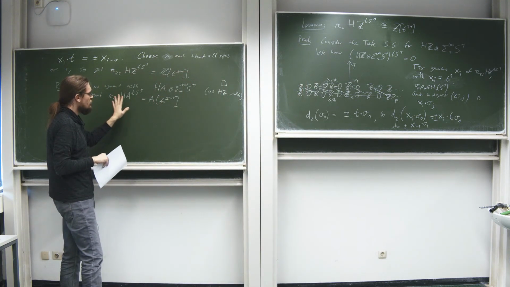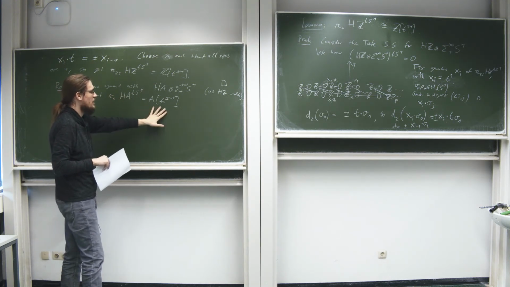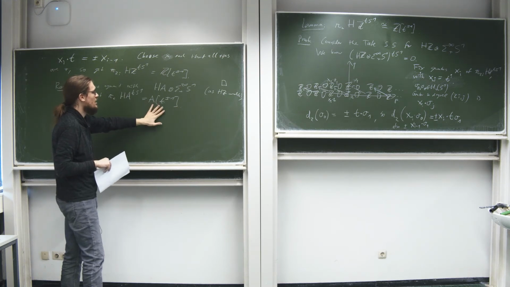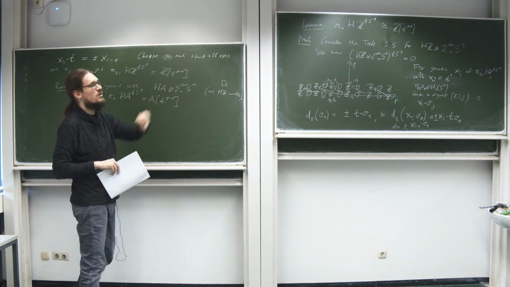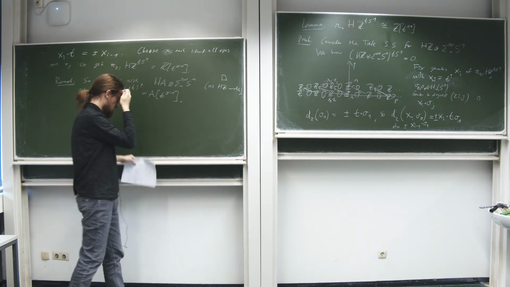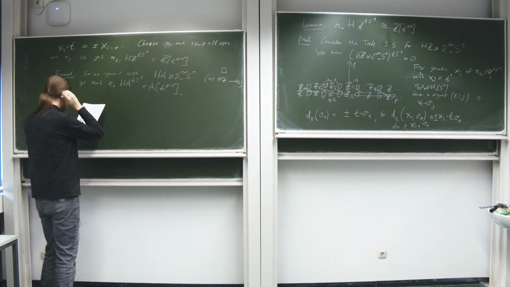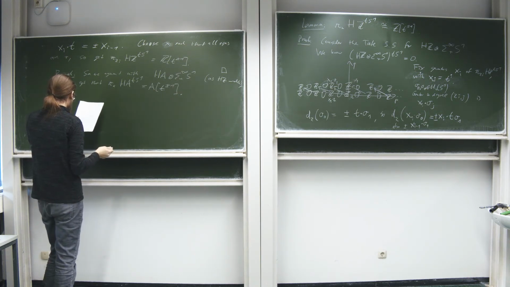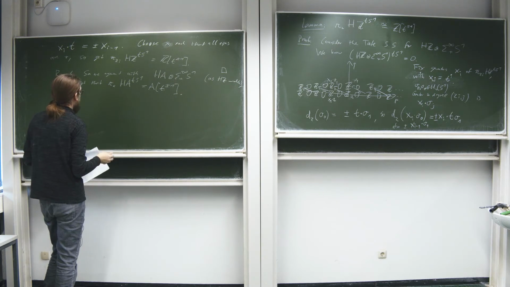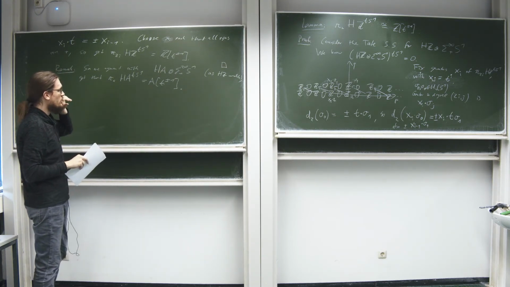But of course, this description is also valid if A is a ring, right? If A is a ring, then this is an algebra, and then I claim this is even the structure as an algebra over this ring here.